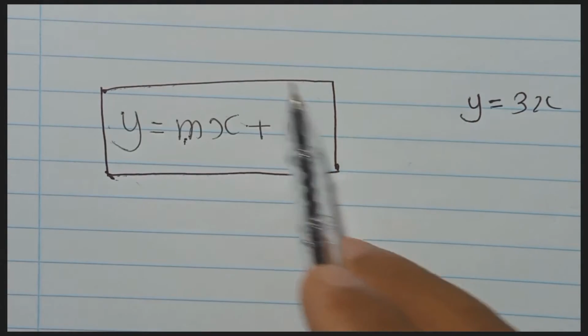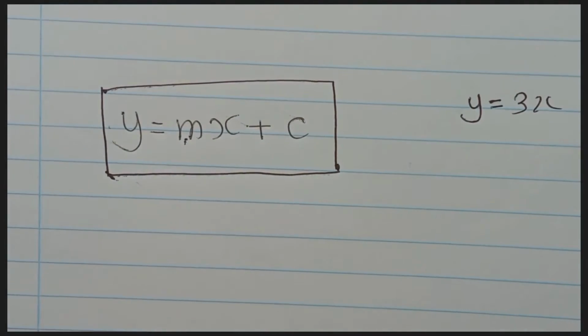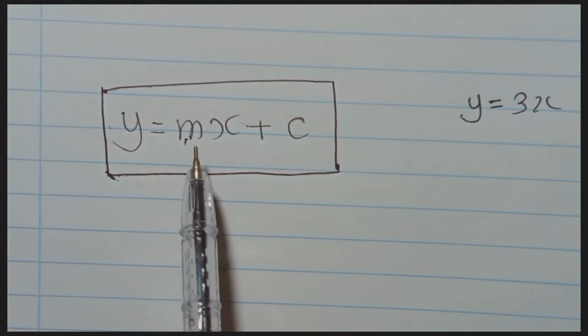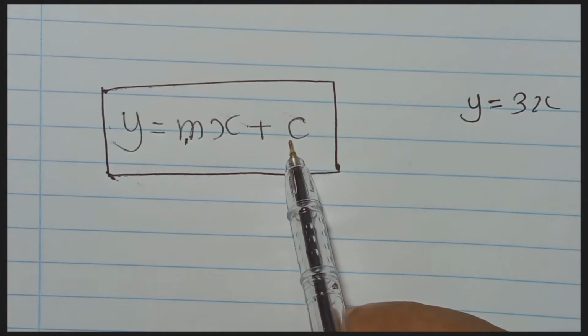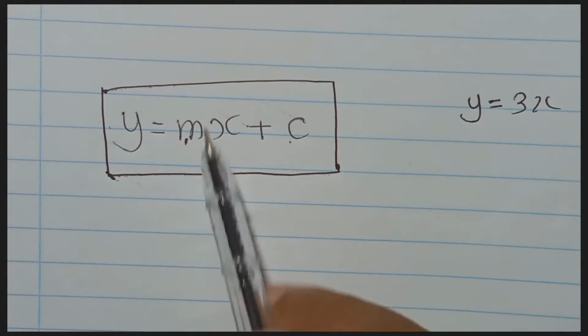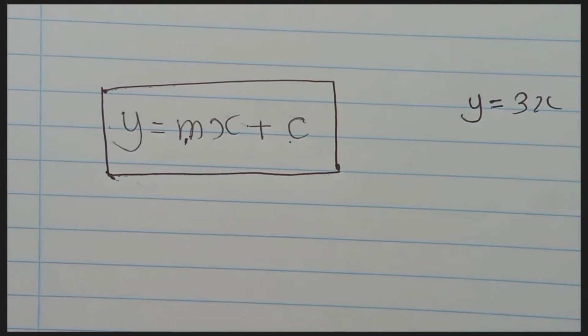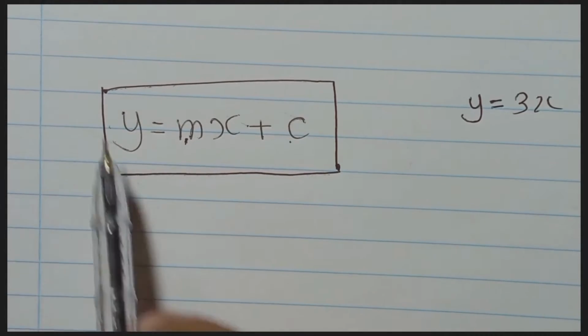So when you make any linear graph equation into this format, this represents gradient, this represents y-intercept, right? The m represents gradient and c represents y-intercept. And keep in mind, any equation, if it is a linear graph, you can make that equation into this format.